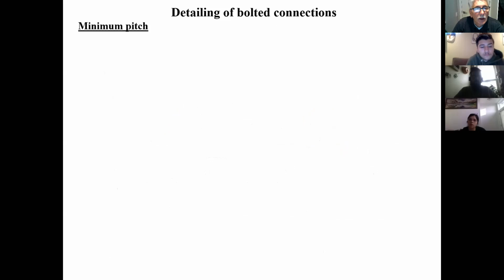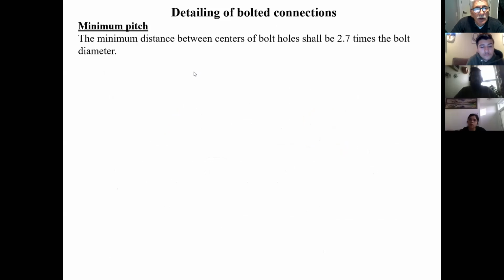Now, here I'm going to give you some information for when you're detailing a connection: minimum pitch. The minimum distance between centers of holes shall be 2.7 times the diameter.